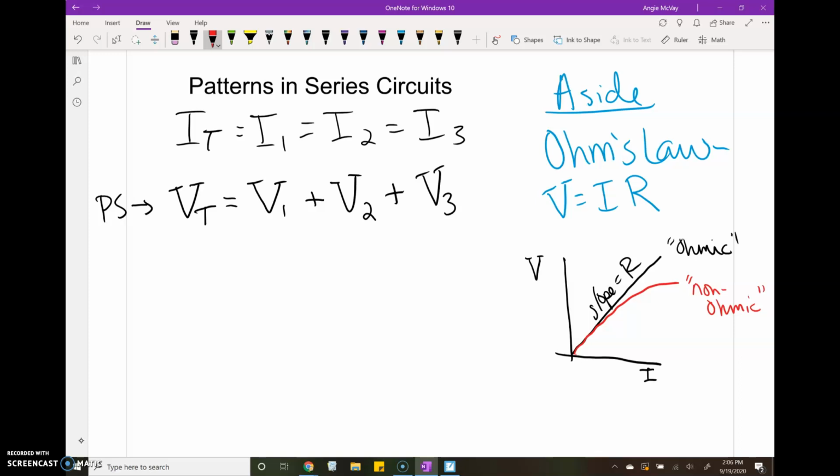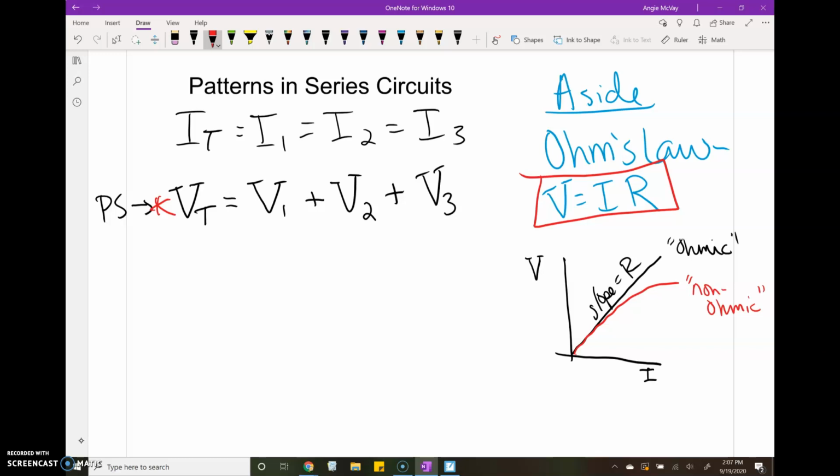Okay, so if we know Ohm's law, V equals IR, and I'm going to box that because that's an important relationship that we'll use a ton over the next couple of weeks. If we know V equals IR, right, then we could say, what if, instead of V in this equation, we wrote IR, right?